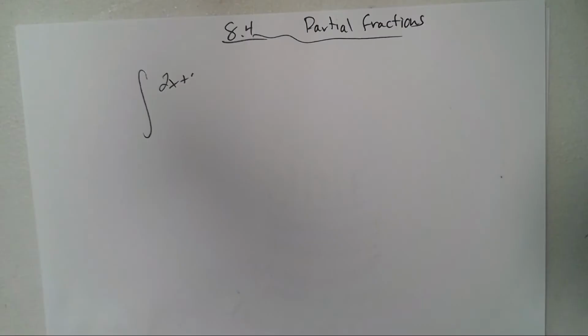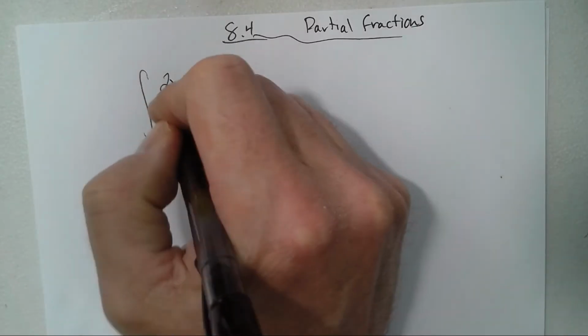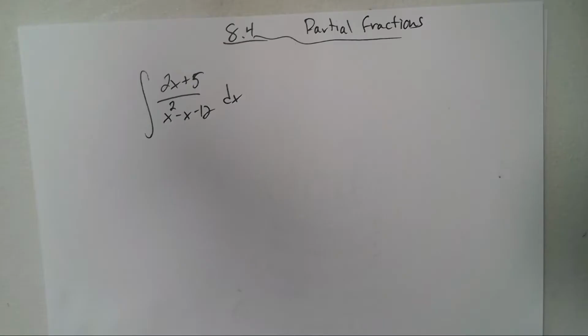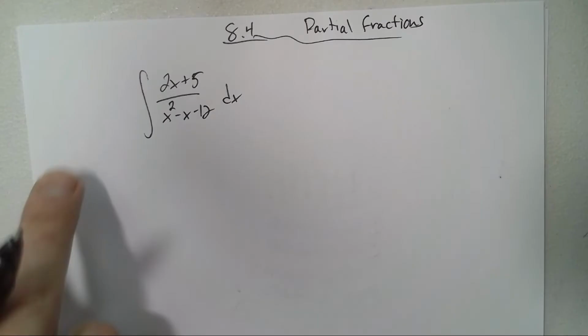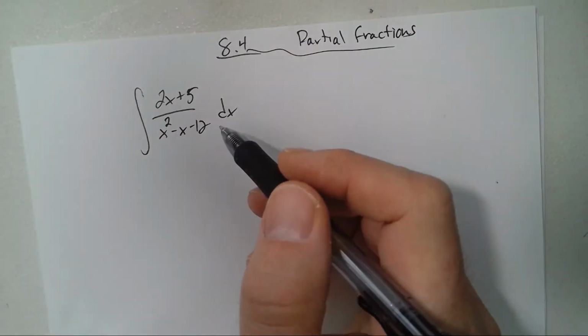So if I have the integral of 2x plus 5 over x squared minus x minus 12 dx, if you wanted to, you could do a u substitution. That would be possible.